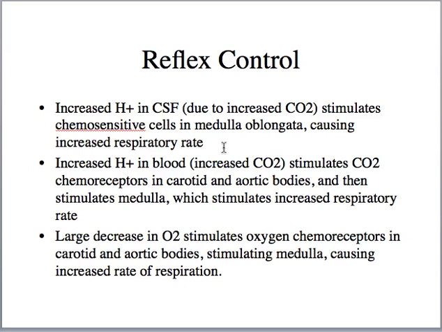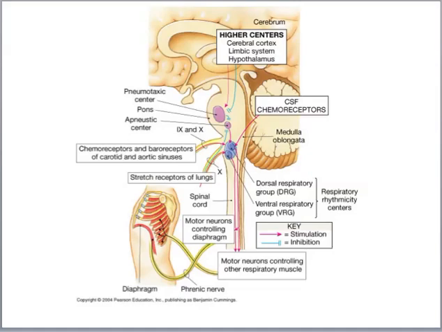But the most important thing, the first and most important stimulus to your respiratory rate is your CO2 levels. It doesn't take too much of an increase of CO2 to cause you to start to breathe more rapidly. It takes a large decrease in oxygen levels to stimulate increased rate of respiration.